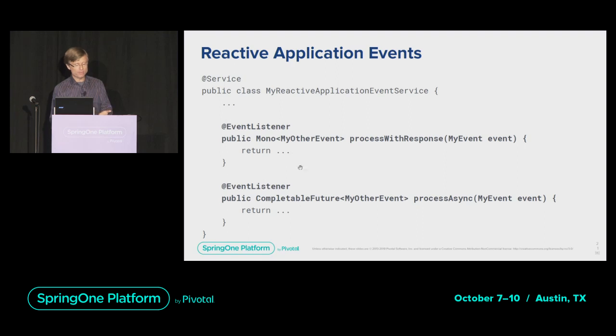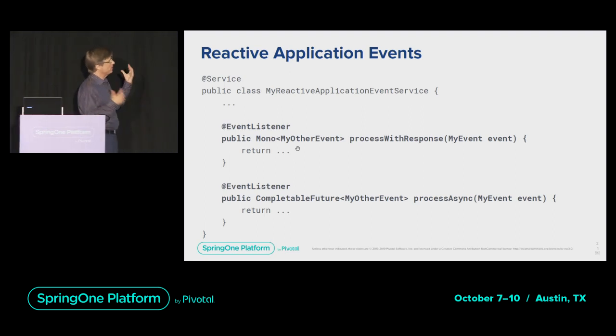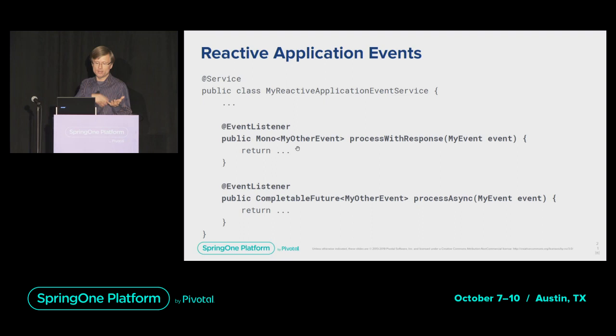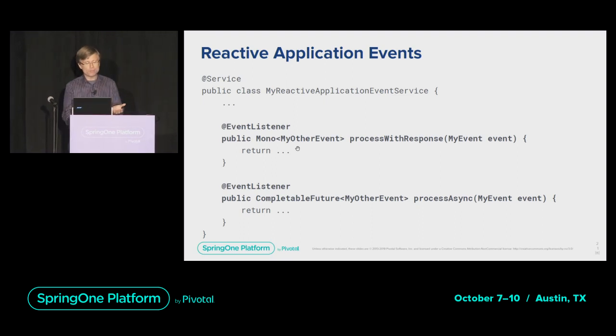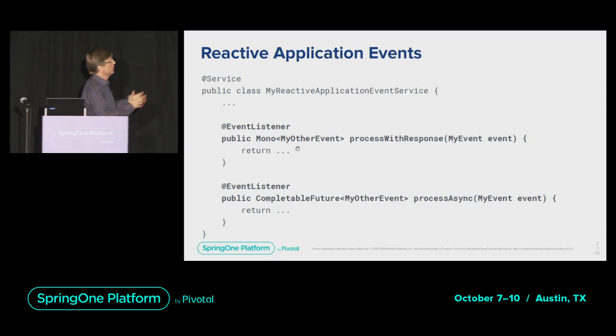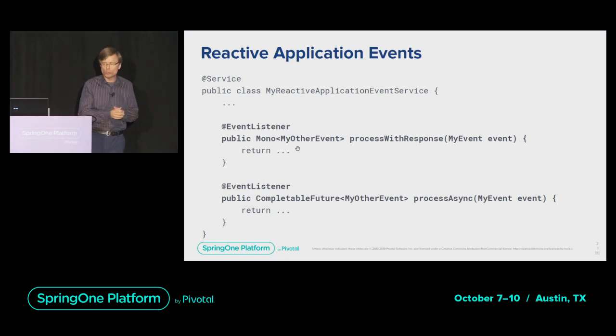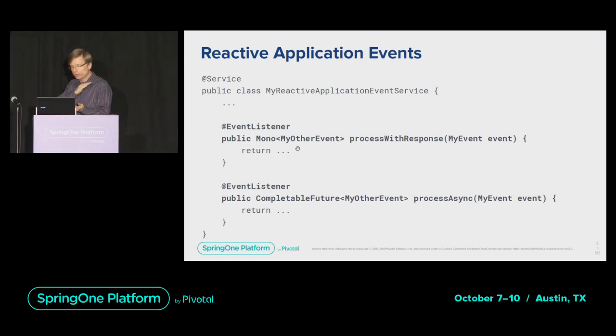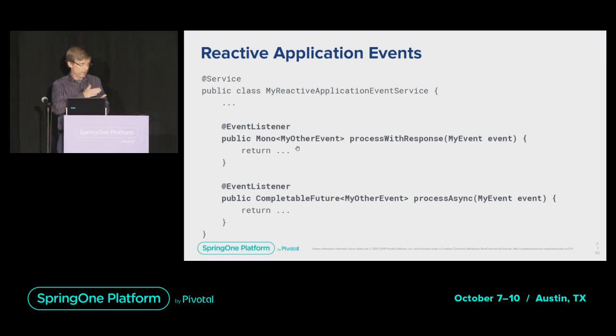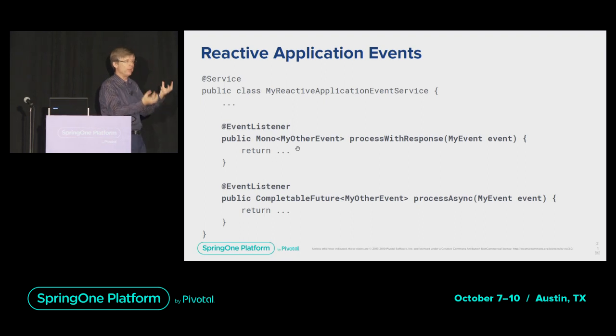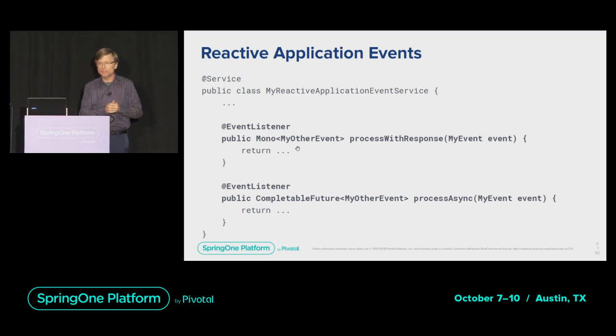So we know that those are reactive types. We know that a CompletableFuture is kind of an async type, and we take them as what they are. We subscribe to them in the background. We run them on the reactor scheduler, and allow you to compose an event-based architecture where certain event listeners might want to run immediately, like in the caller's thread, and others might individually choose to run on the reactor scheduler in the background.